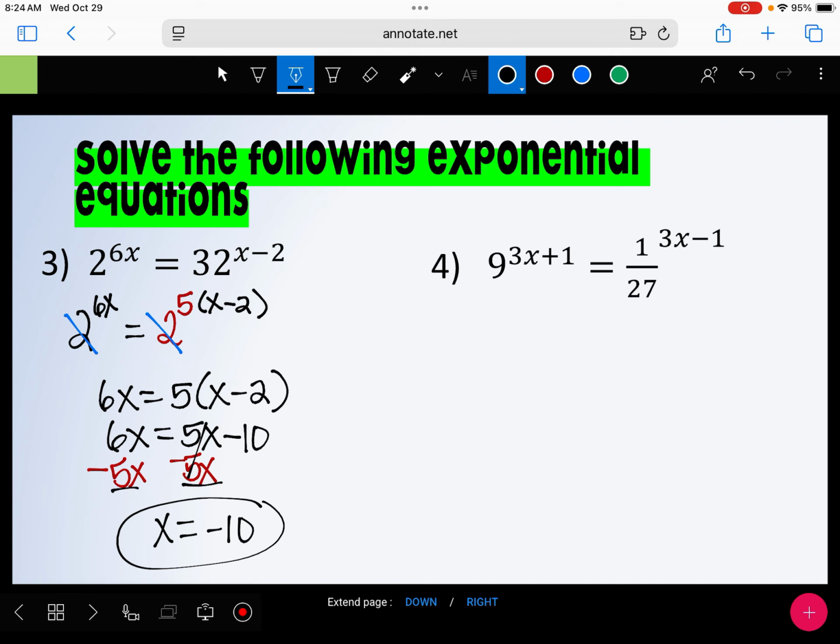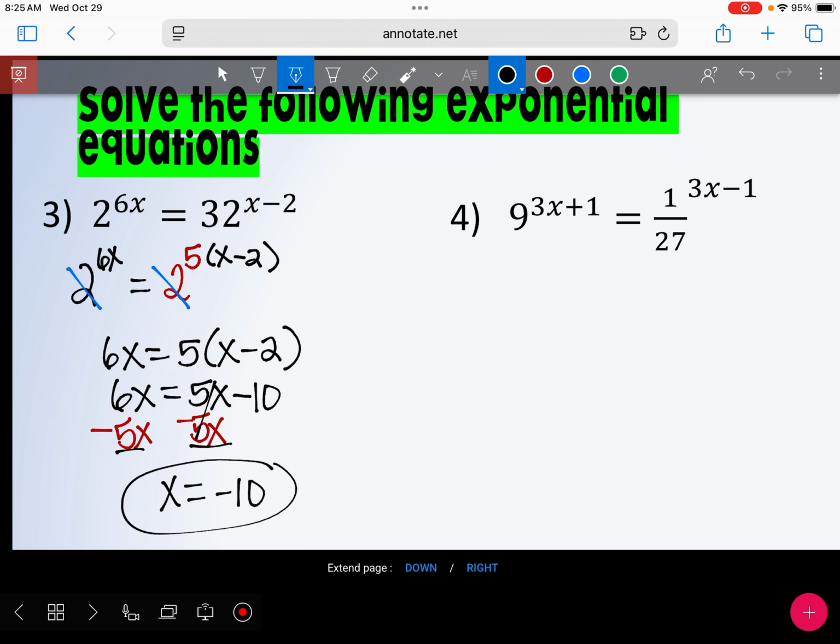Okay. So you should get -10 for number 3. I'll go ahead and show my work. So I changed only one side to 2 to the power of 5. Make sure, this is a very common mistake, is the distributing. You have to multiply the x and the -2.